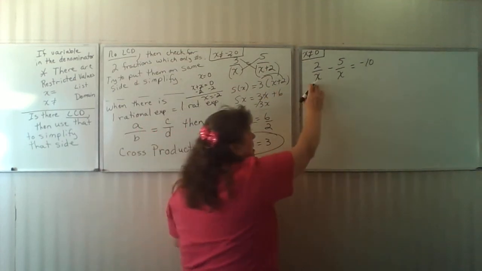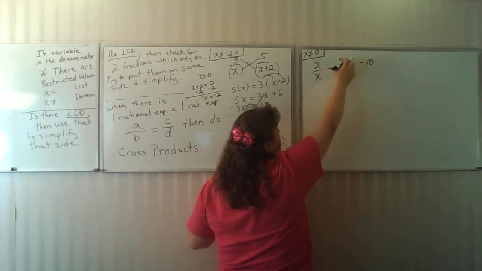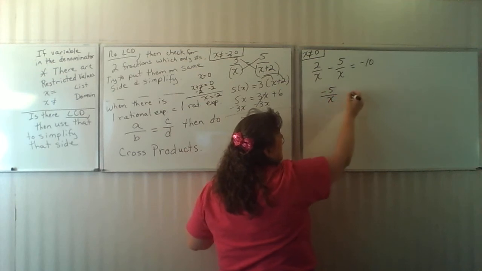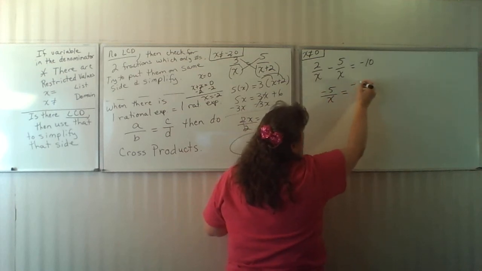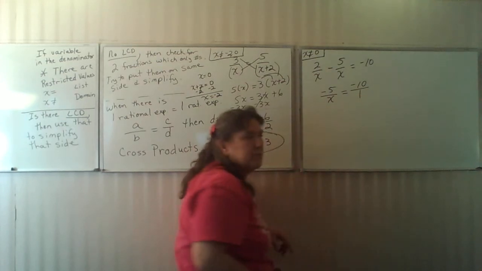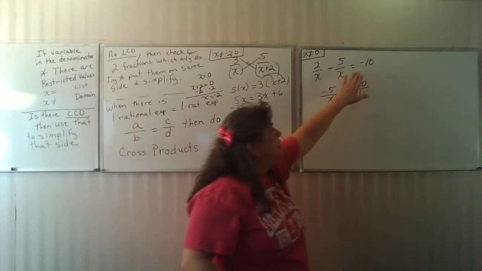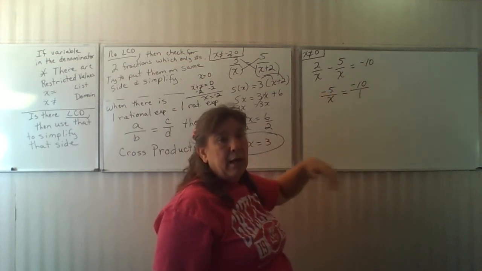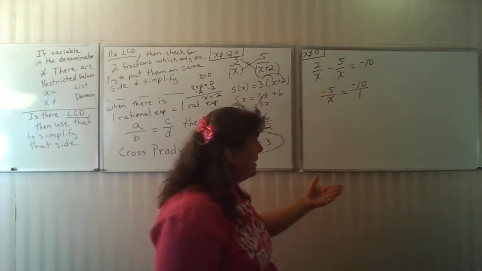Now I have common denominator. 2 minus 5 is a negative 5 over x, and that is equal to a negative 10 over 1, because whenever you turn an integer into a fraction, it becomes that number over 1. Negative 10 divided by 1 is negative 10.